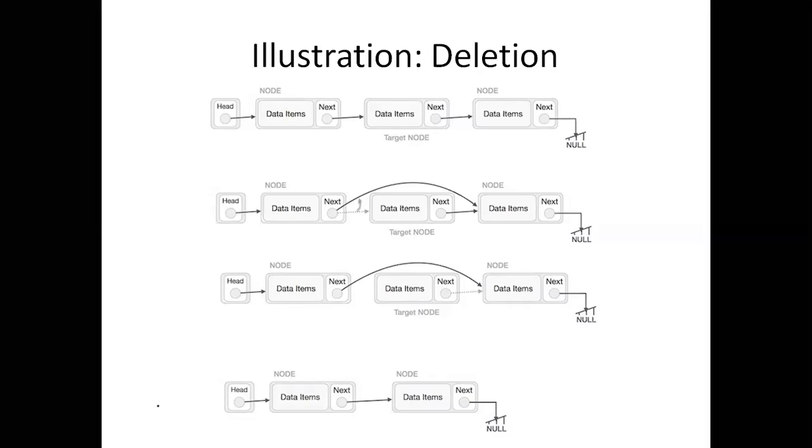Now I want to delete that element. So for that reason, what I have to do is simply connect second node.next is equal to the last node. So automatically the link between the second node and the third node is going to be disconnected, and automatically that element is going to be deleted.